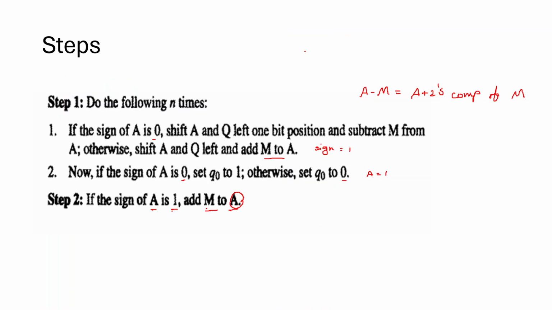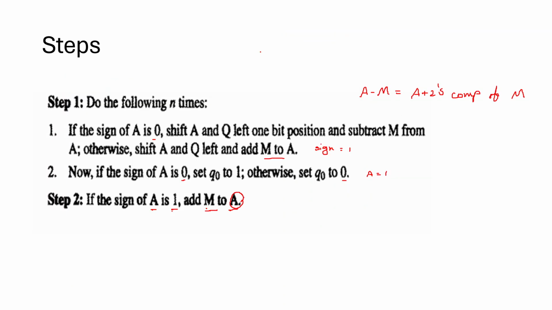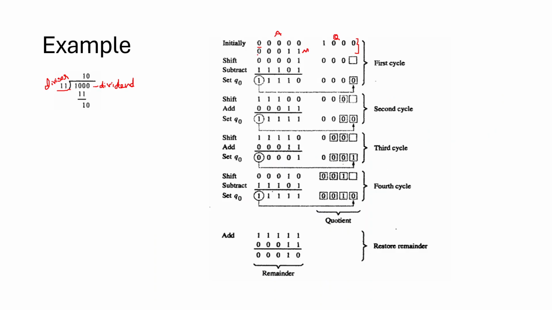What is the first step? You need to check the sign bit of A. As we have initialized, it is 0. If it is 0, you have to do the shift and then subtract operation. So first do the left shift operation.